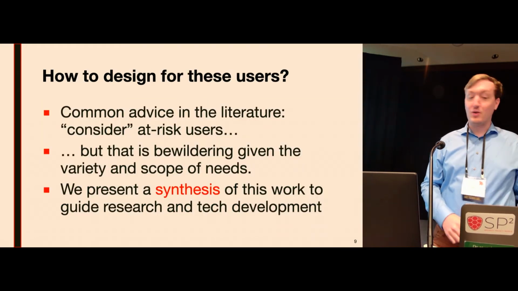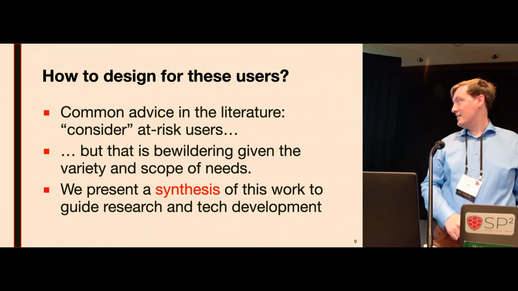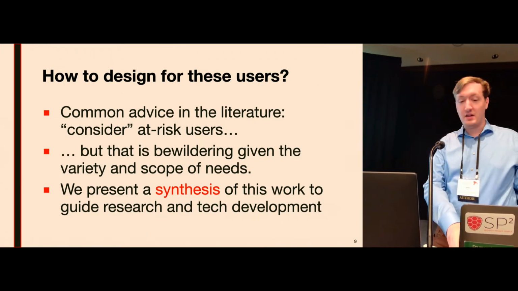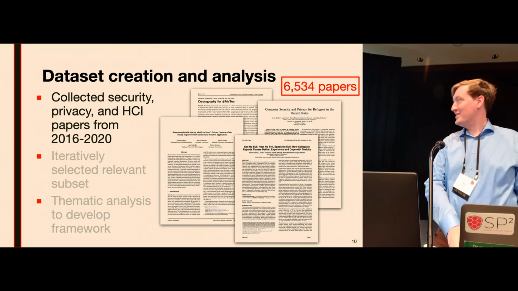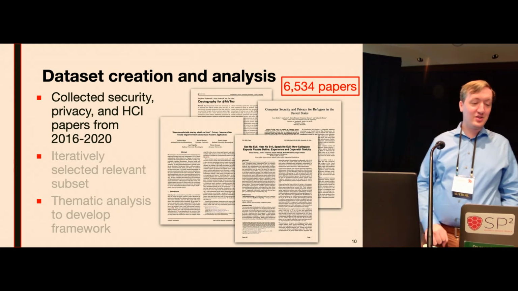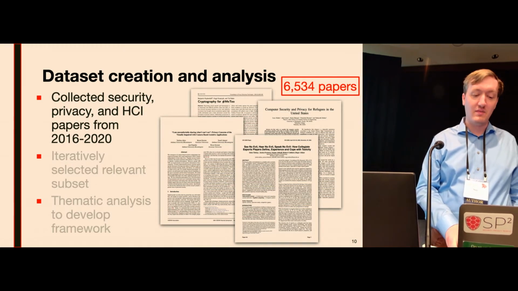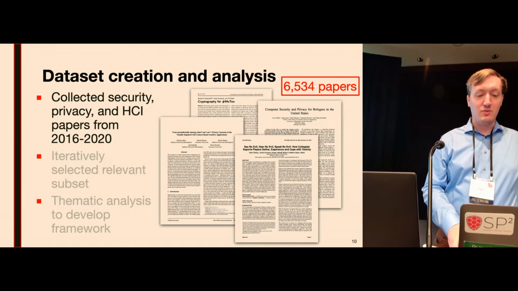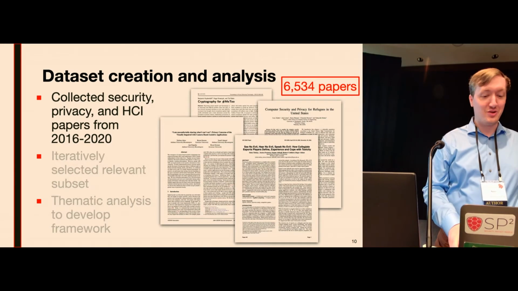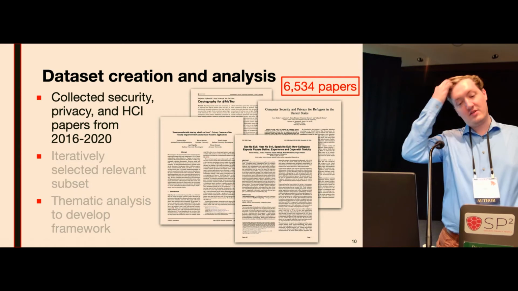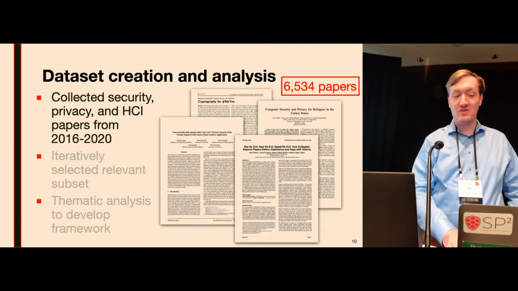So, accordingly, we present a synthesis of this work from the past 7 or 8 years in order to guide research and tech development in the future. So how did we do this? In order to create the synthesis, we collected security, privacy, and HCI papers from 2016 to 2020, resulting in 6,534 papers. We wanted to cast a wide net at this stage in the process to fetch as many potentially relevant papers as possible.